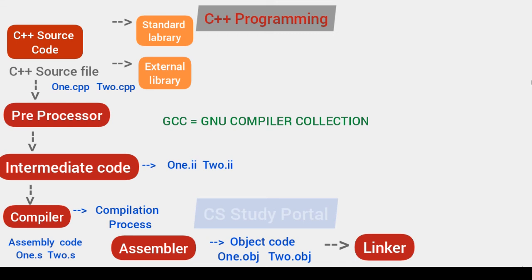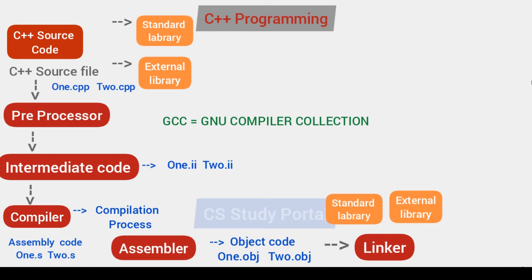Now here what happens is the linker will take the object files of this program, in this example 1.obj and 2.obj. Then we said that we are going to use features from the standard library and external libraries.